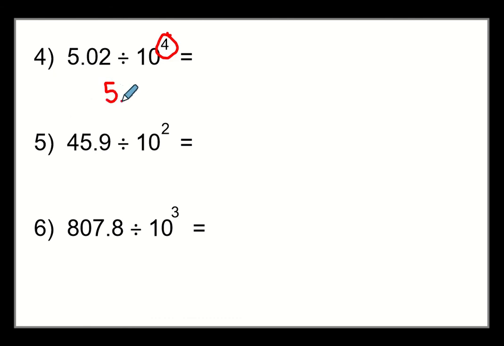And I'm moving it to the left because I am dividing, and when I divide a number by another number, that dividend is actually going to decrease, resulting in our quotient. So I said I need to move that decimal over 4 places, so I'm going to move it over now. That is 1, 2, 3, and 4.